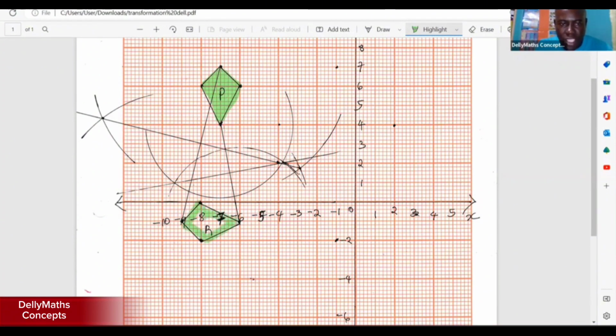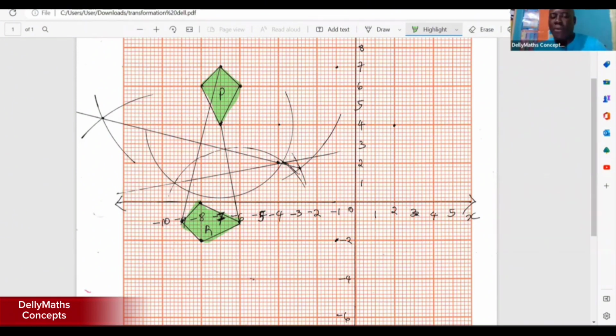Now, when you look at these shapes, you realize that it's not an enlargement because the size didn't change. It's not a translation because the orientation of the object changed. It's not a reflection because it's not laterally inverted, right?